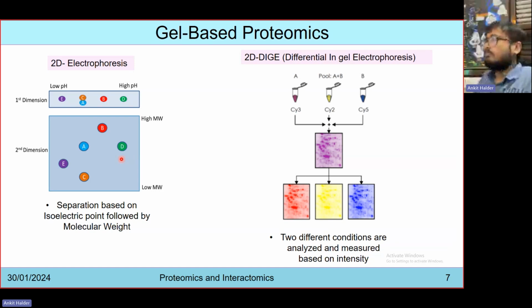Quantitative means that you can compare the expression level in two different conditions through the gel-based approach, which also gives us an edge over simple 2D electrophoresis.